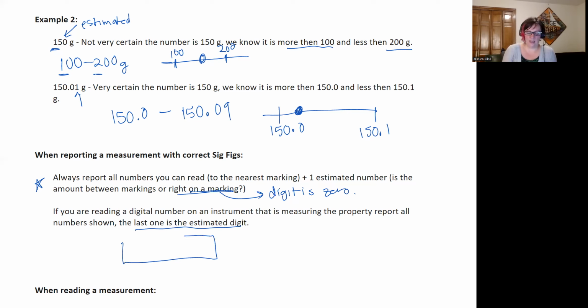So if I had a digital readout where it said 150.01 grams, I would just report all numbers, and I would know that this was the digit with the most uncertainty.